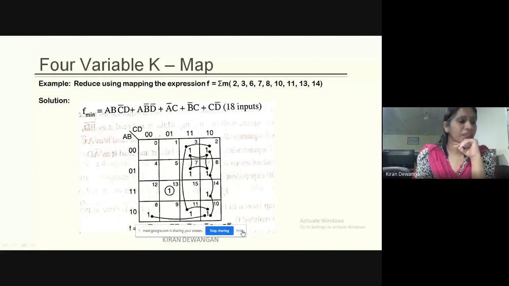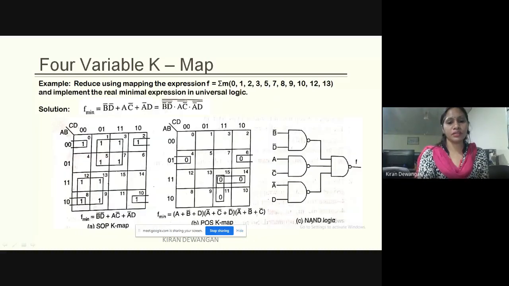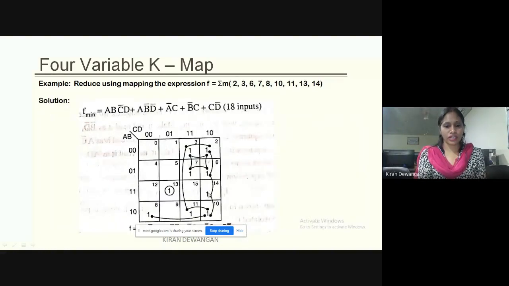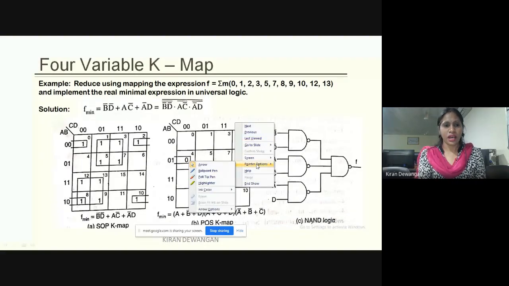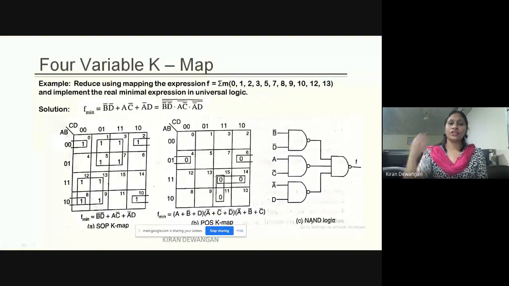Okay. So this was the question that we were discussing. So if I take one more min term here, it will be an octet and 2 pairs. Clear? Now moving on to the next question. Now reduce using mapping and implement the real minimal expression in universal logic.